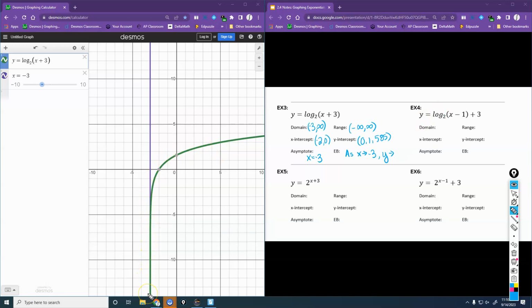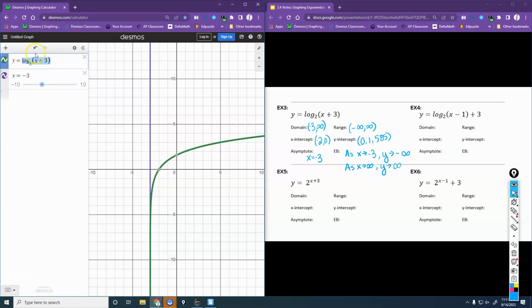It goes down, and down is negative infinity. Okay? On the right side, as x approaches infinity, what does our y do? Positive infinity. It goes up. Okay, questions on that one?